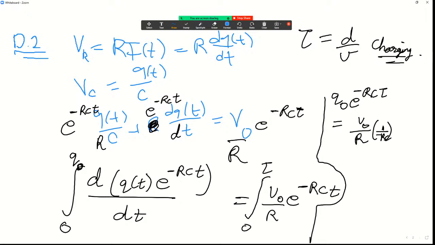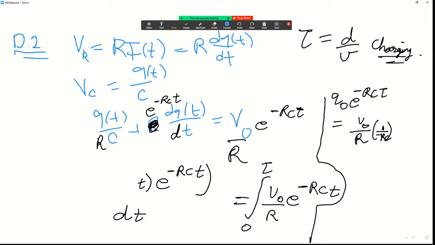I think I have done something wrong. The integrating factor was wrong. It would be 1 by RC instead of minus.